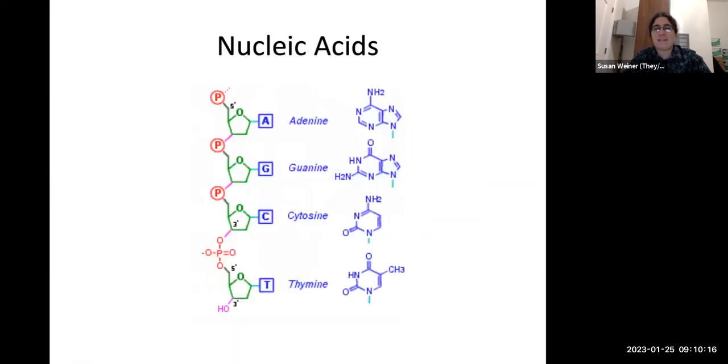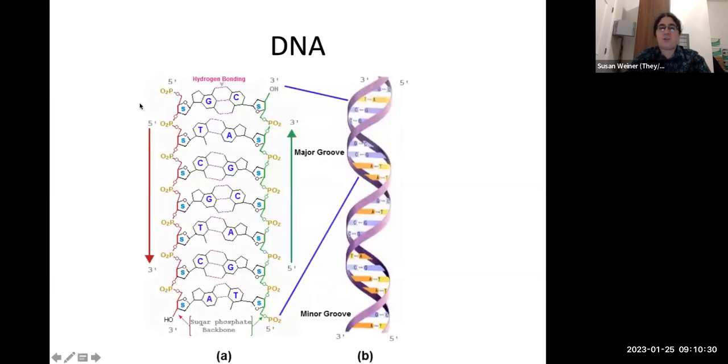Now, these bases pair up. So A pairs with T and forms hydrogen bonds, and G pairs with C and forms hydrogen bonds. And this gives us our structure of DNA, which allows these bonds across, forms this double helix structure that you've certainly seen before.